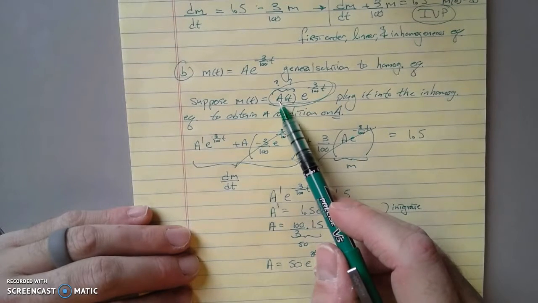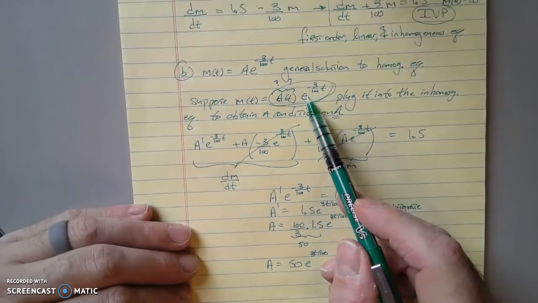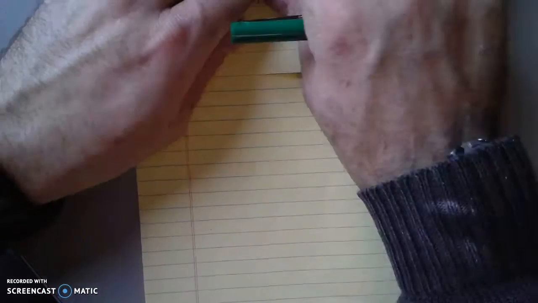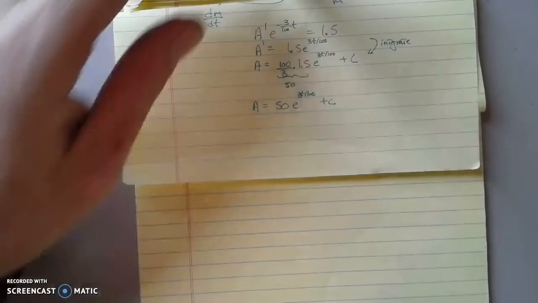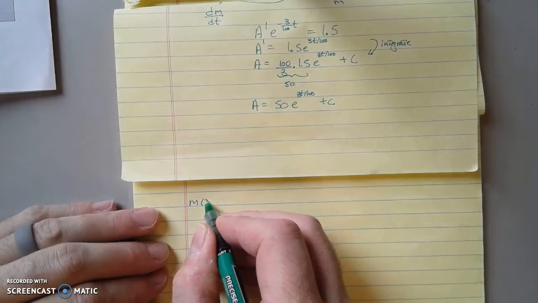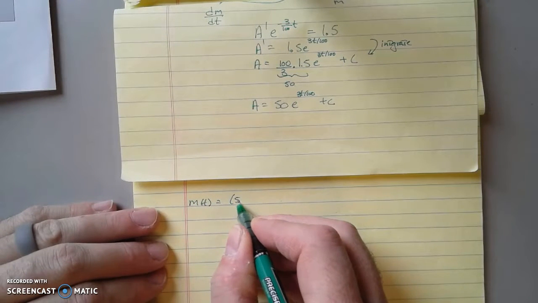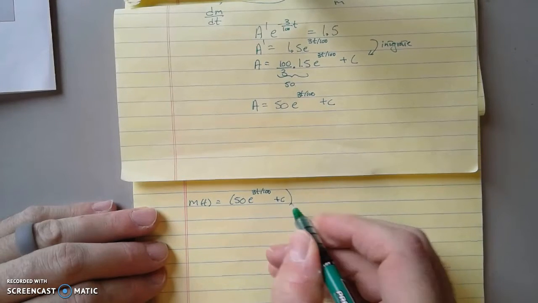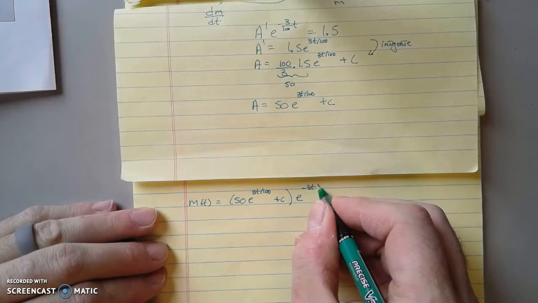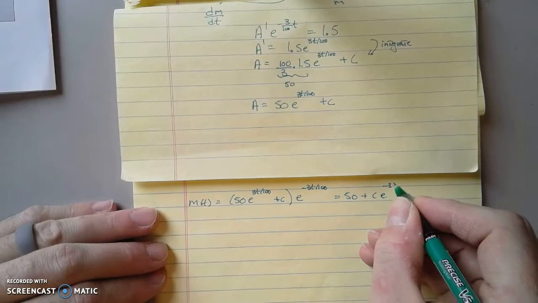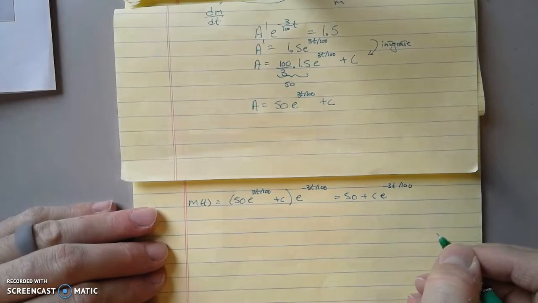Now we have A, so we have to multiply by this decaying exponential to find m. So now m of t is 50 e to the 3t over 100 plus c times the decaying exponential. So this is 50 plus c e to the minus 3t over 100.